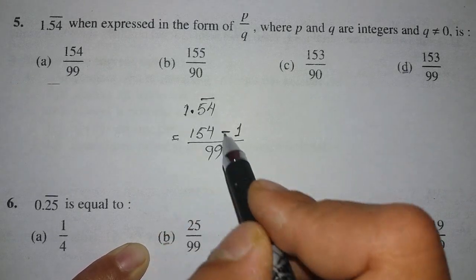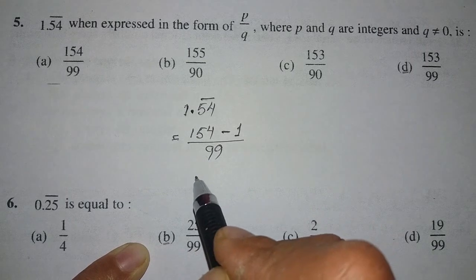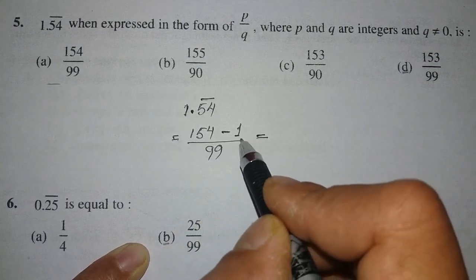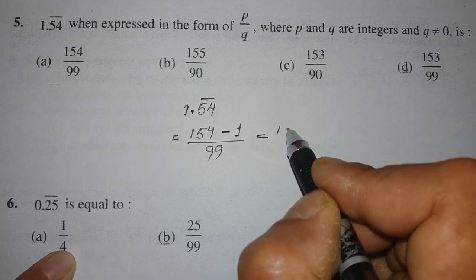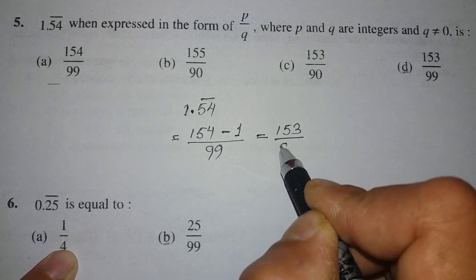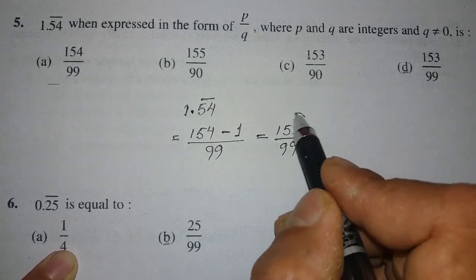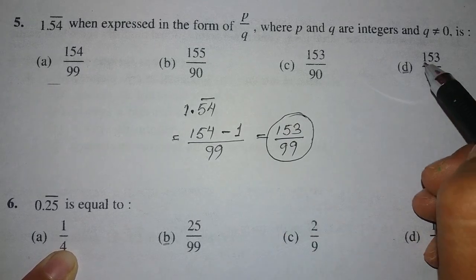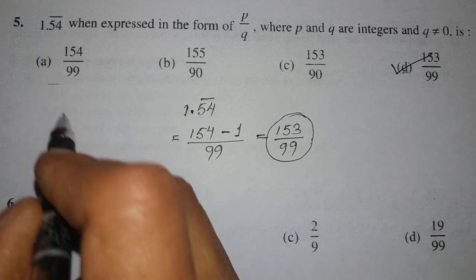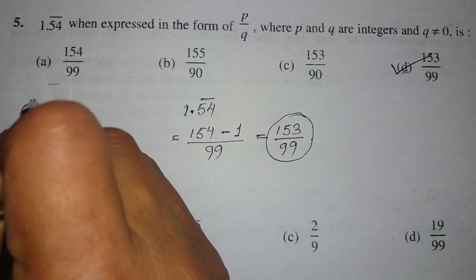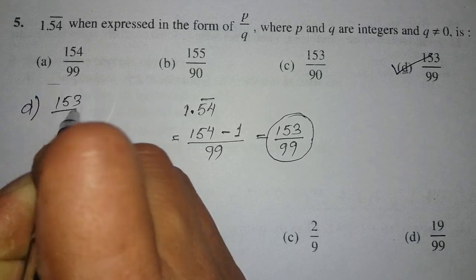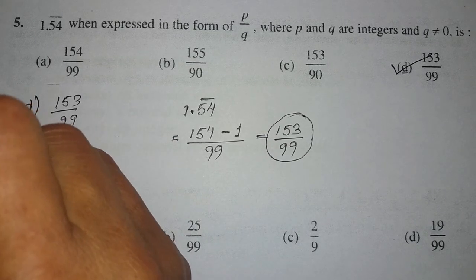If there is only 1 digit, then you will write only 1 nine. So 154 minus 1 is 153 divided by 99. Okay, so this is our answer. So 153 by 99. So this is the correct option, D, 153 by 99. So this is our solution.